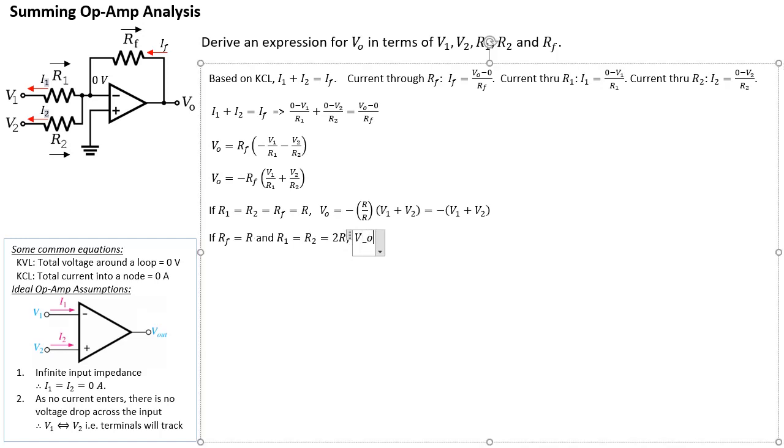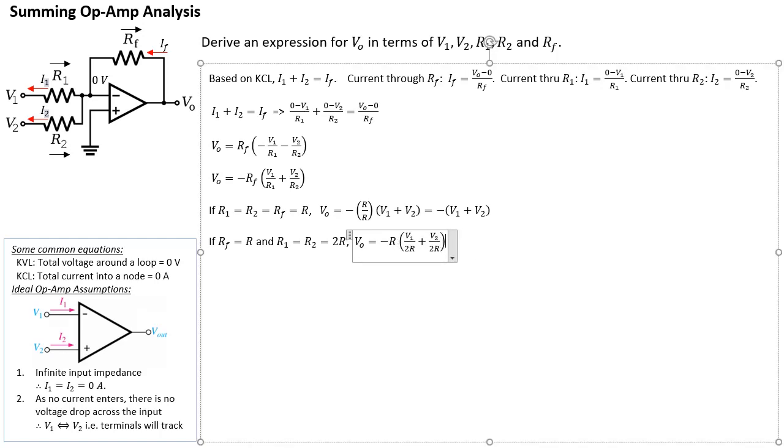Well, we're going to get a VO equals to, now based on the original equation here, so RF equals to R, so that's negative R on the outside, all right? And then inside the bracket will be V1 over 2R, because now R1 and R2, they're both called 2R. So that's V1 divided by 2R plus V2 divided by 2R, all right?